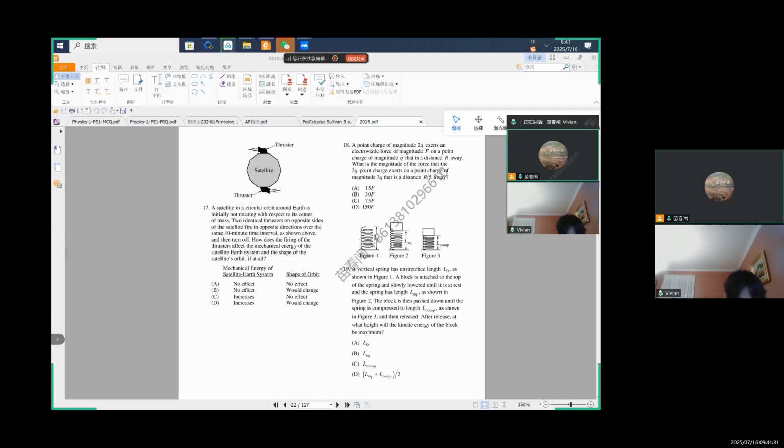So conservation of energy, right? If they say maximum kinetic energy, there should be minimum potential energy, right?